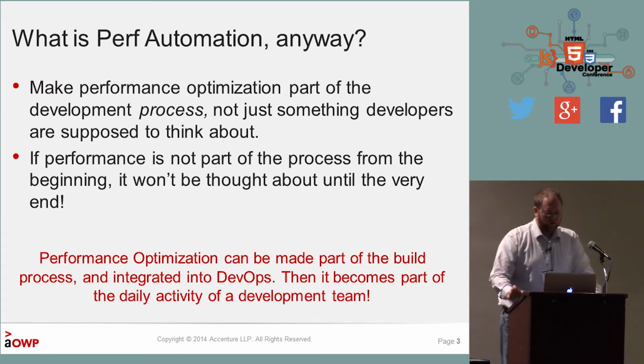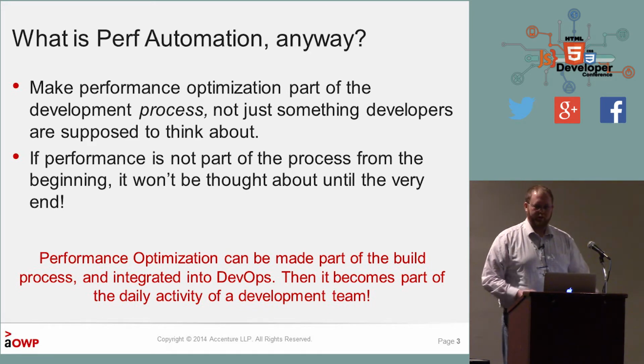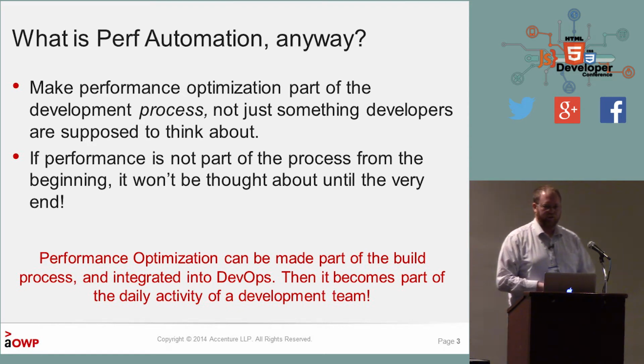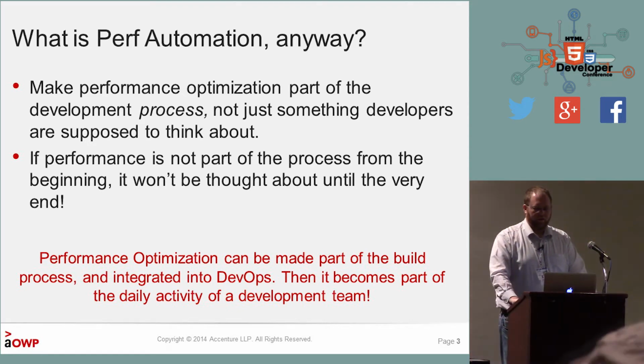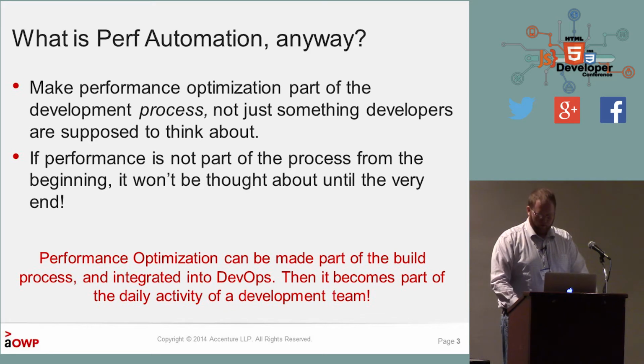So performance optimization, at least parts of it, can be made automatic and can be added as part of the development operations process, so that we can all focus on doing manual performance tuning on the things that are really tricky and difficult and the things that matter, rather than the things that are relatively easy and easily automatable. So it's all about being lazy at the end of the day, right? As with most good automation tasks.